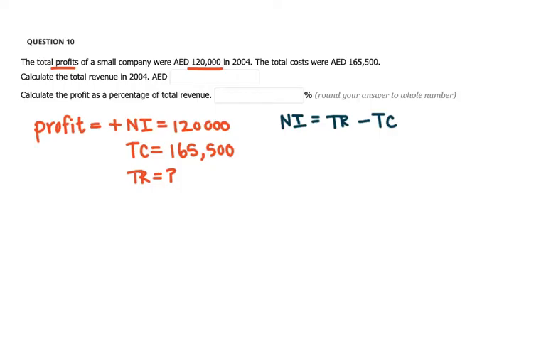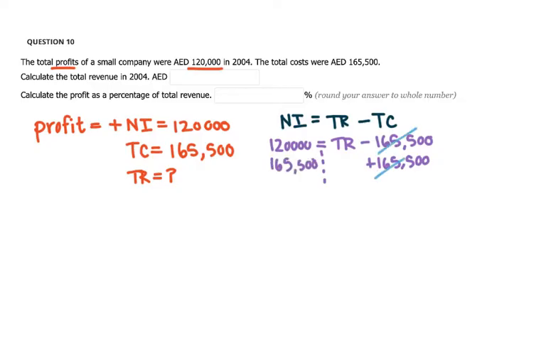So in this case, we'll plug in 120,000 equals the total revenue, which we don't know, minus 165,500. So if we want to do a little algebra and find out what the total revenue is, we'll just add 165,500 onto both sides.